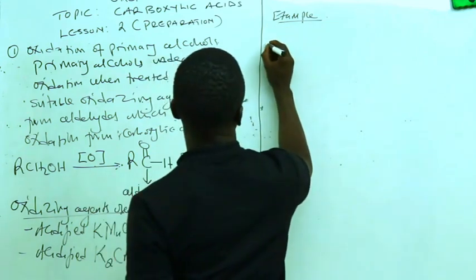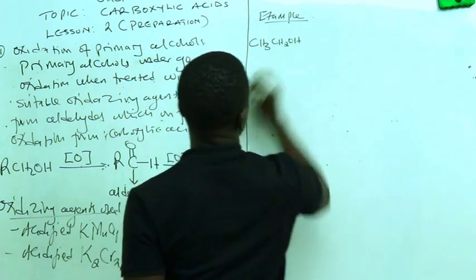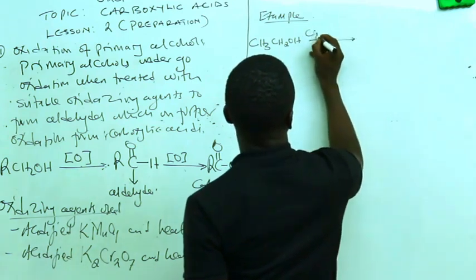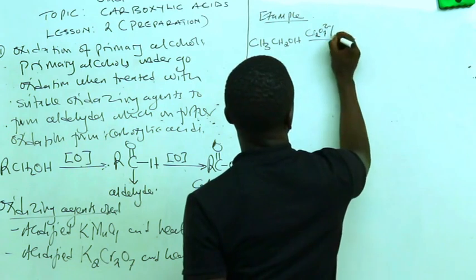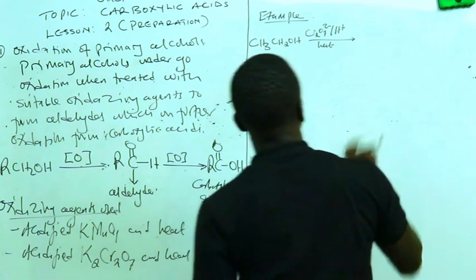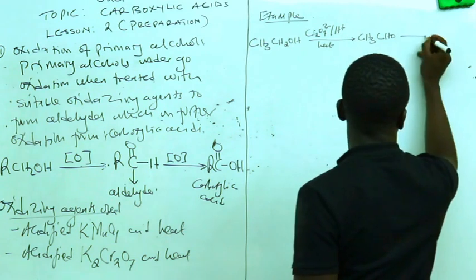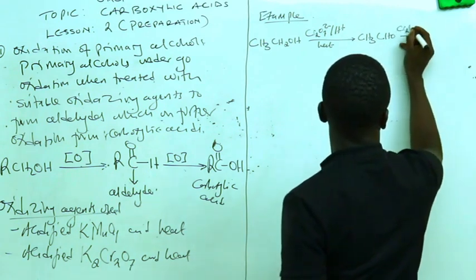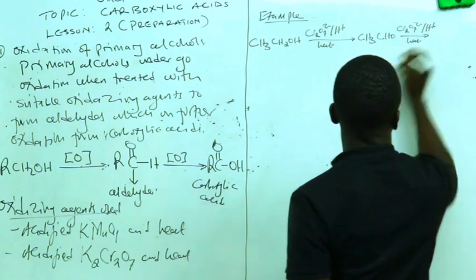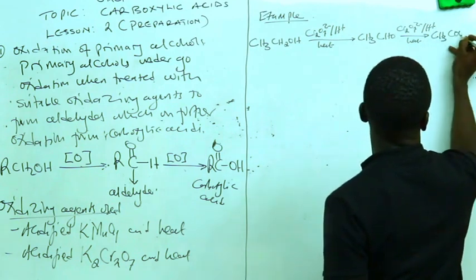If I had a primary alcohol like ethanol, and we use a dichromate, acidified, and heat, we could form first an aldehyde which will undergo further oxidation in presence of much of the dichromate to give us a carboxylic acid.